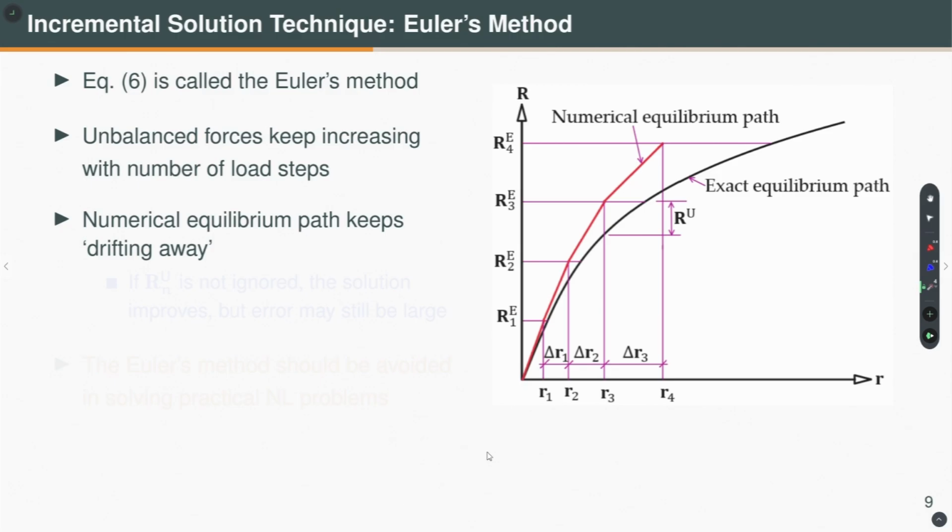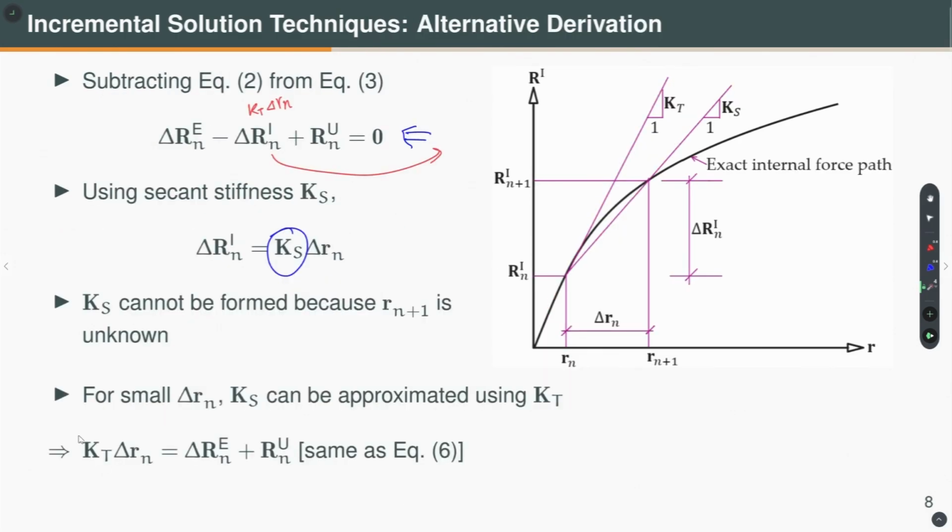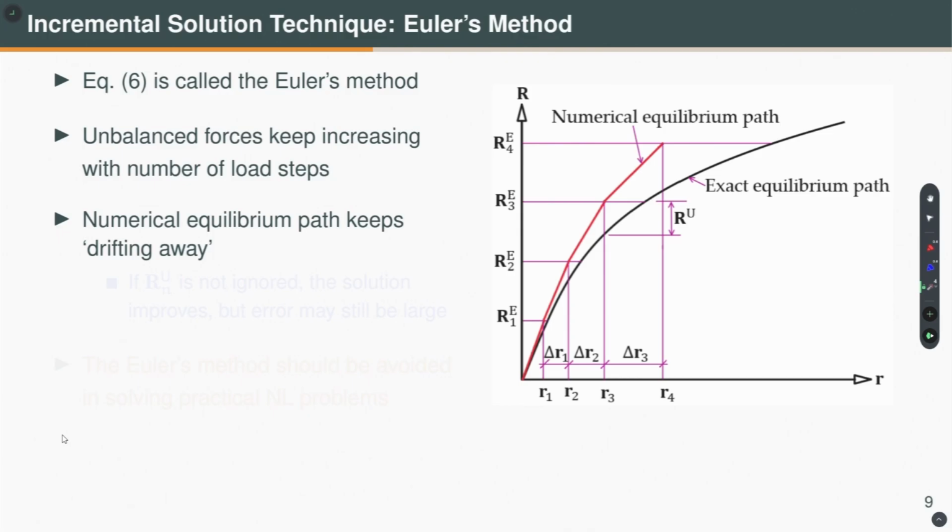Okay. Now, this equation is actually called the Euler's method. So, let us look at it. Let us say I am plotting R. The reason I am using R, not R_I or R_E, is that I can show on the same vertical axis both internal as well as external forces. So, I am using R, and this is little r, which is my displacement vector, and this is the exact equilibrium path.